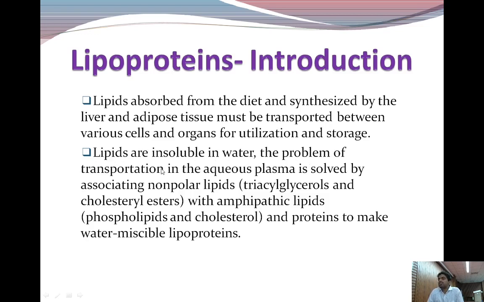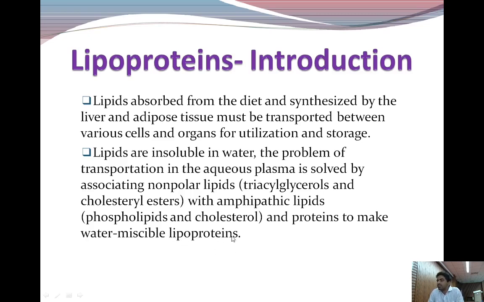So the problem of transportation in the aqueous plasma is solved by associating non-polar lipid, mainly triacylglycerol and cholesterol ester, with proteins. These lipids, along with phospholipid, cholesterol and protein, are associated together. It forms a structure known as lipoprotein. That's why the name lipoprotein.